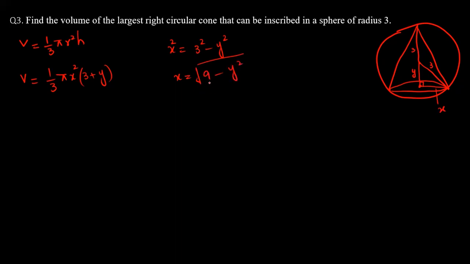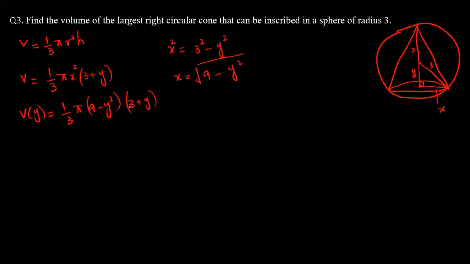So we are able to convert this whole function into one single variable, y. It is 1 by 3 pi, and because this is x square, we write 9 minus y square here, times 3 plus y, so this is our function.